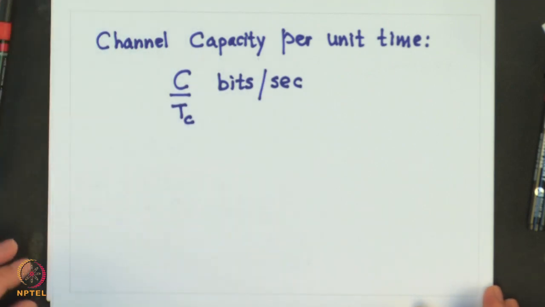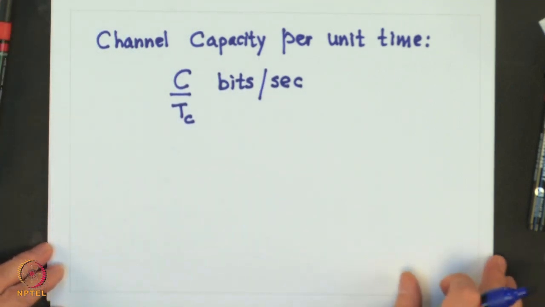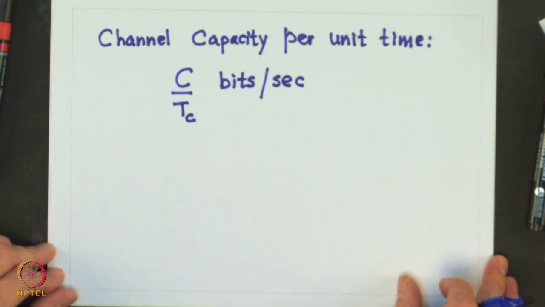Now, given this, we try to answer the question which I had posed earlier, that is, is there a coding scheme which is efficient and where the code rate is not very small.